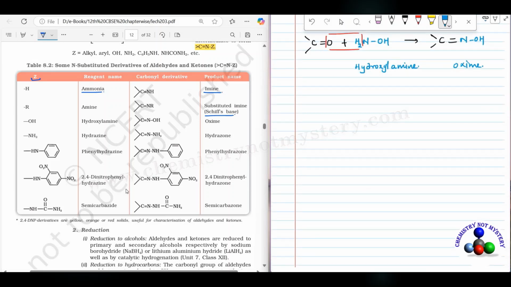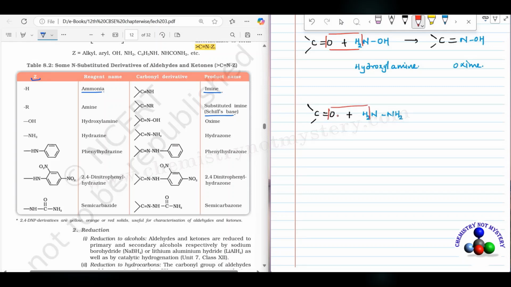Now write the next reaction when the Z group is NH2. So here this is carbonyl carbon. When it reacts with NH2NH2, so it is H2N and Z is again NH2. So this is hydrazine. When it reacts with hydrazine, again remove the water molecule.